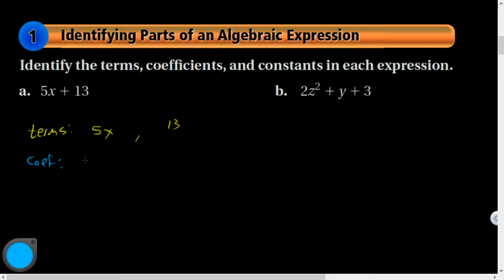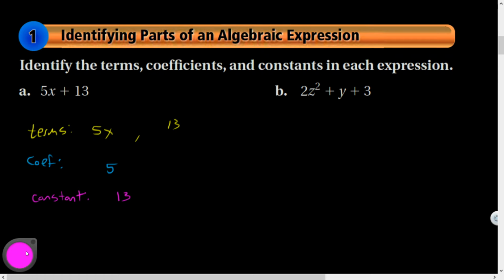Devin, write this down. The coefficient is 5. Which is the constant? The constant would be 13 because it has no variable attached to it. And what's the variable? Is there a variable in this? Yeah, that would be just the x.